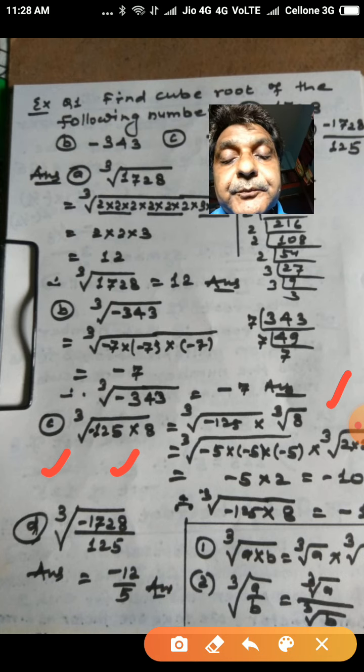For each three factors we write one factor as the cube root. So minus 5 comes from the first part and 2 from the second part. Multiplying these two we get minus 10. So we say that the cube root of minus 125 into 8 is equal to minus 10.